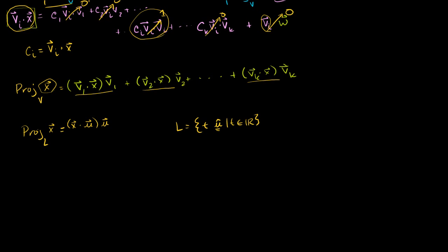So let me just rewrite what we already know. We already know that the projection onto any subspace V of x is equal to A times A transpose A inverse times A transpose times x, where A's column vectors are just the basis vectors v1, v2, all the way to vk.